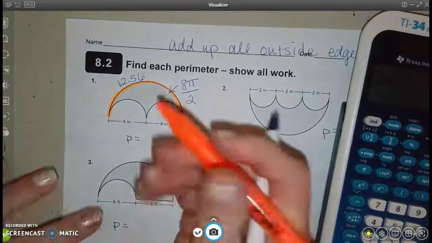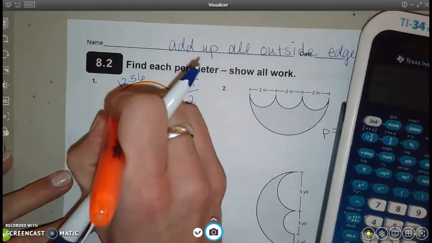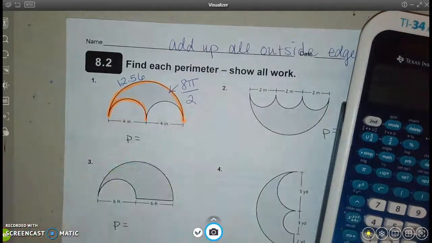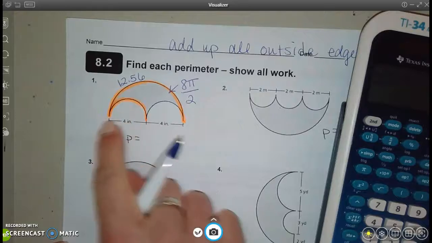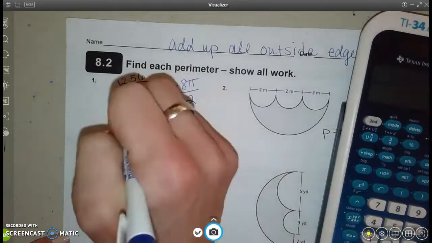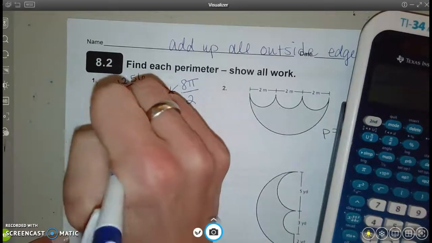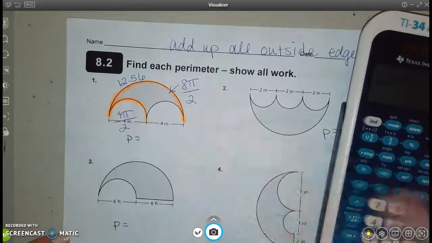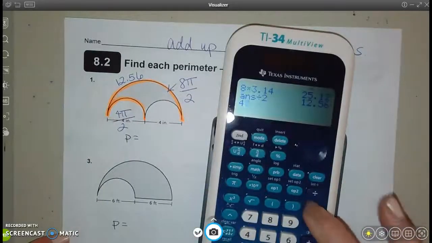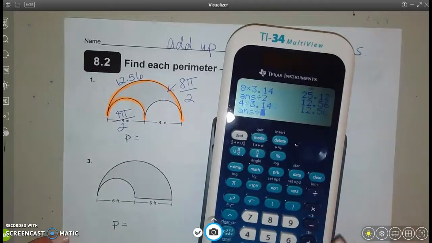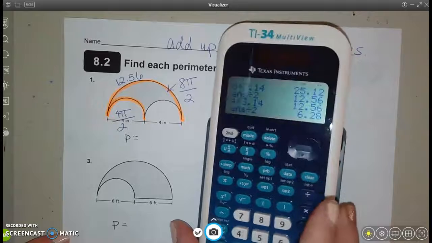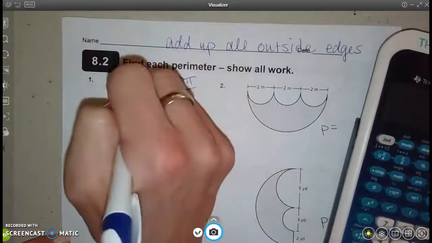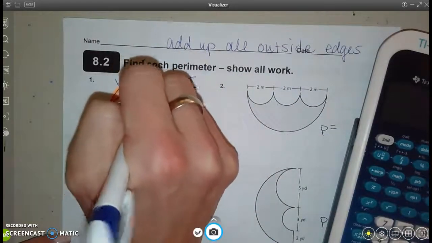All right, I've got another curved part here to add in. Let me highlight that one. So this is a semicircle with a diameter of 4. Okay, so this is going to be 4 pi, but it's only a semicircle, so divide by 2. Typing that in, I get 6.28. So this curved part is 6.28.